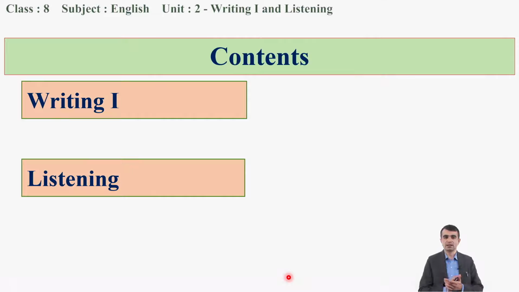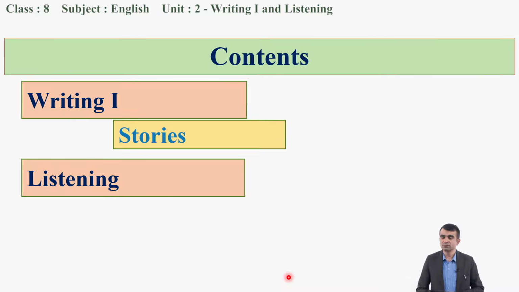See, Writing 1, that is on page number 20 of your book. And then we will leave Reading second now and do Listening, that is on page number 22 of your book. So, today we will do writing first and then listening. In writing first, we do stories.